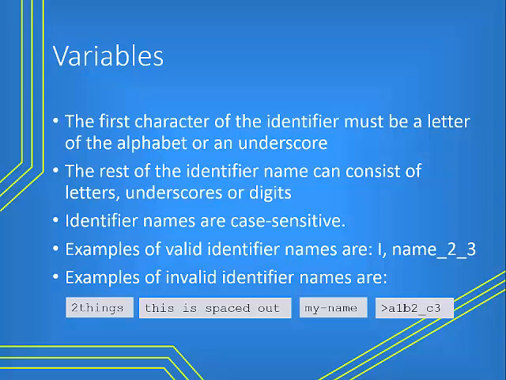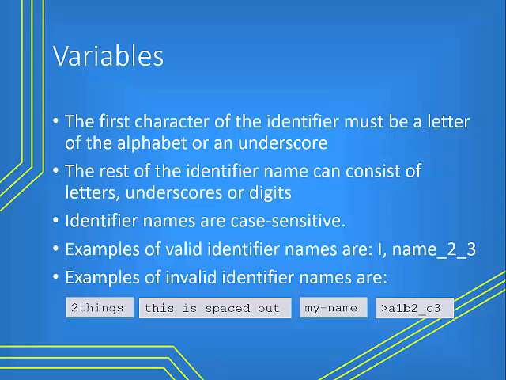Variables are examples of identifiers. Identifiers are names given to identify something. There are some rules you have to follow for naming identifiers. The first character of the identifier must be a letter of the alphabet, uppercase or lowercase, or a Unicode character, or an underscore. The rest of the identifier name can consist of letters, uppercase or lowercase, Unicode characters, underscores, or digits 0 to 9.